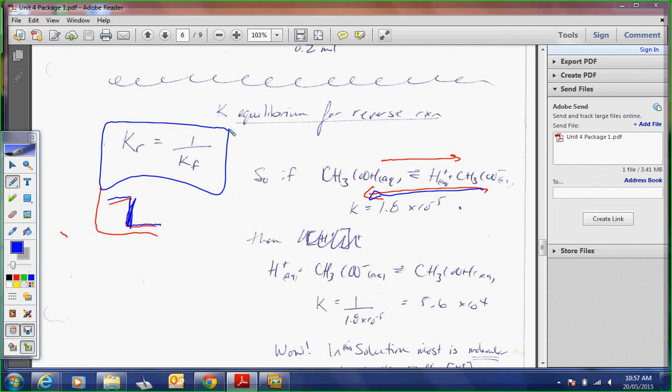So we can't flip the sign because it's not about a waterfall anymore. It's about a concentration divided by a concentration, numbers divided by numbers. So because we have this quotient, we have to flip it. Does that make sense? So if they've given you the K value for the one direction, you can just take 1 over that K value for the opposite direction.